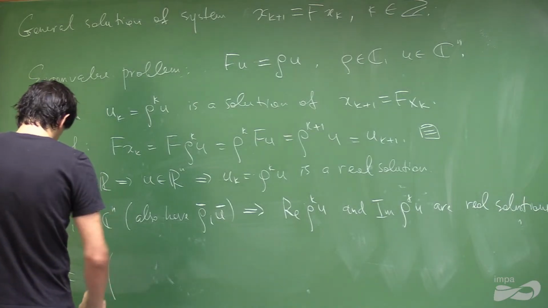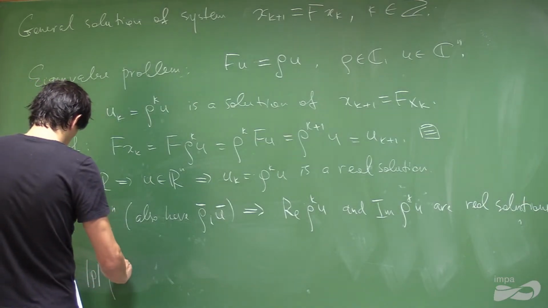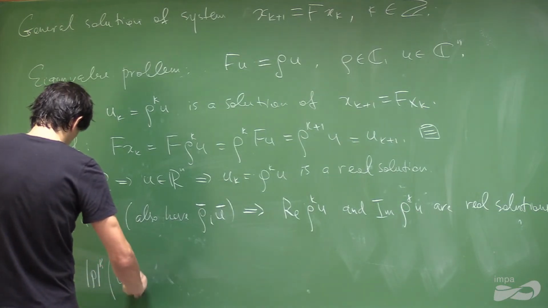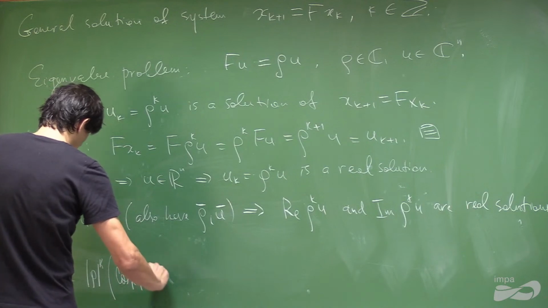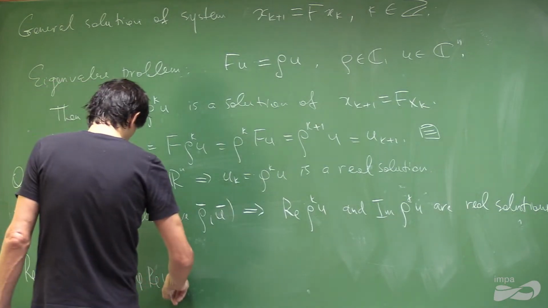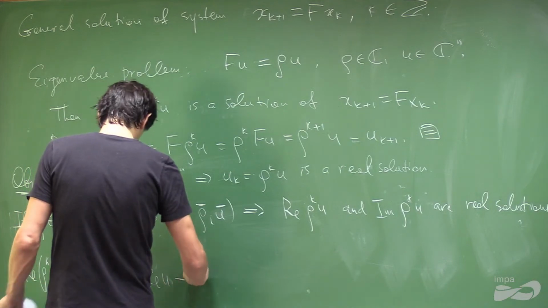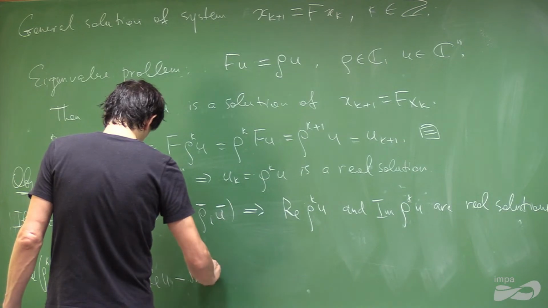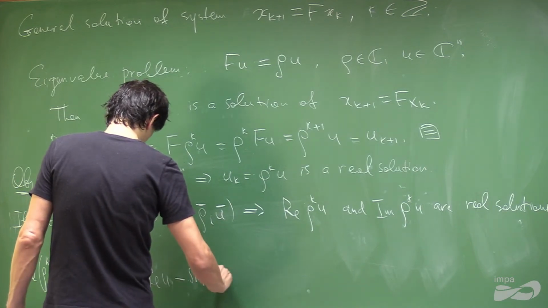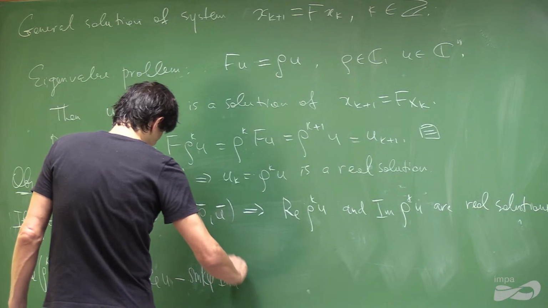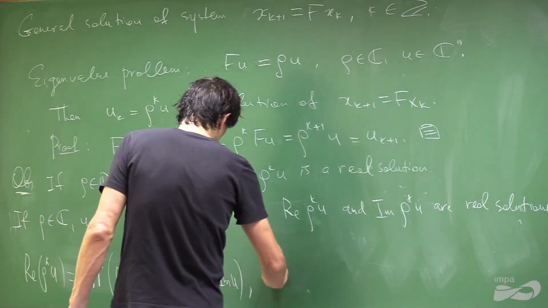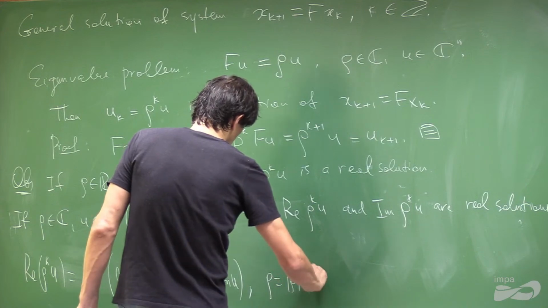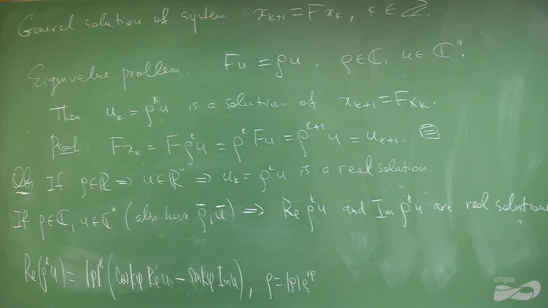And then take the real part, it will be cosine(k phi) real part of u minus sine(k phi) imaginary part of u, where rho is written in polar coordinates.